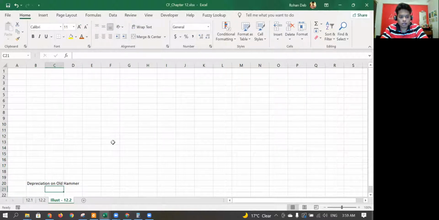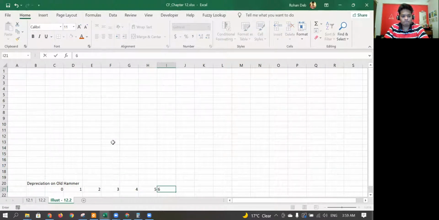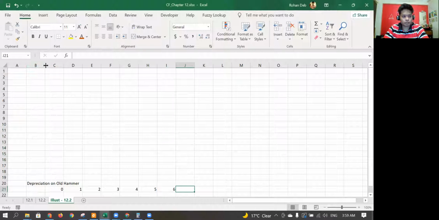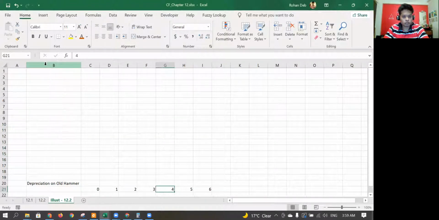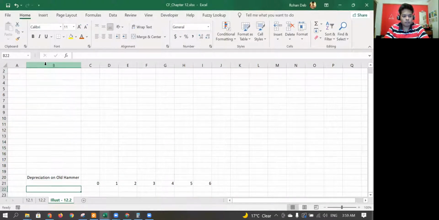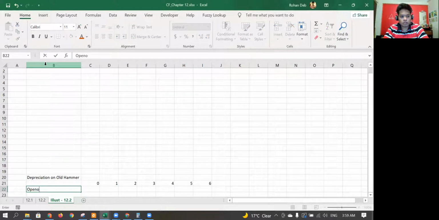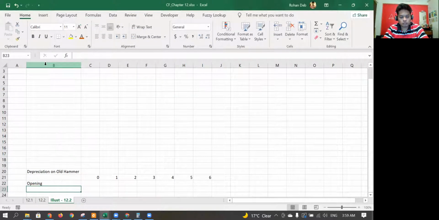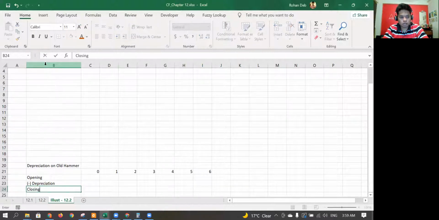So let's take year 0, 1, 2, 3, 4, 5, 6. Opening balance, depreciation, closing balance.